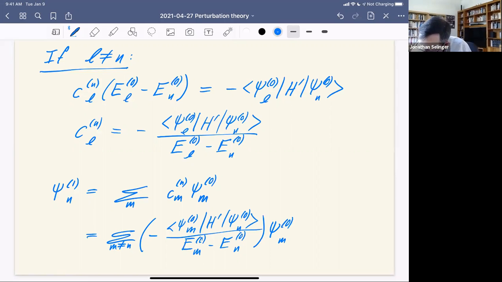And then there's one more term that needs to be here, and that is the CNN psi 0N.